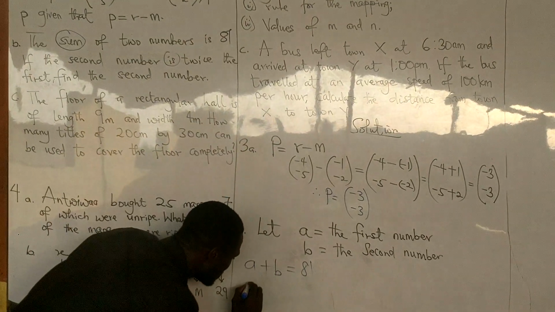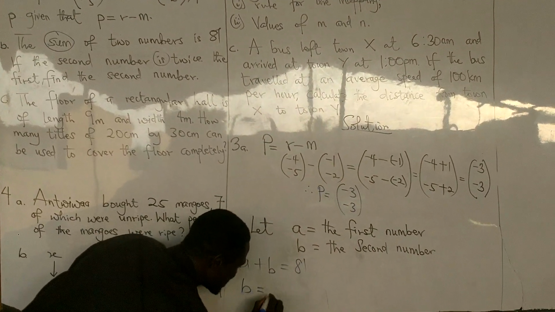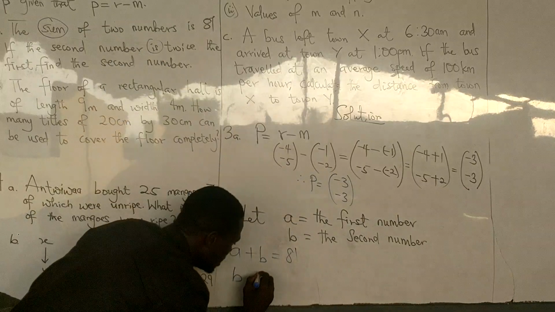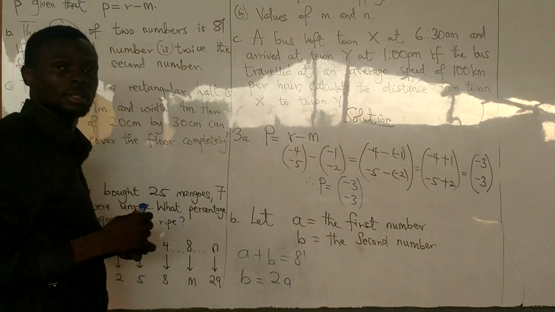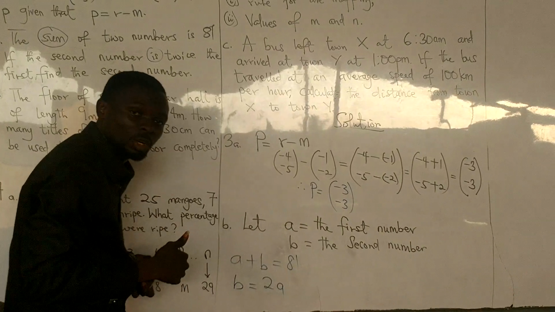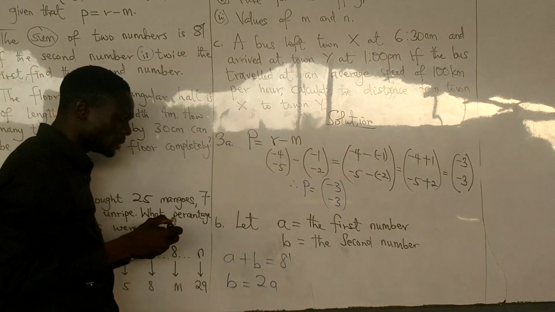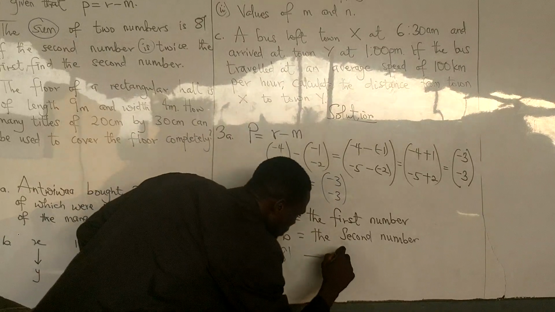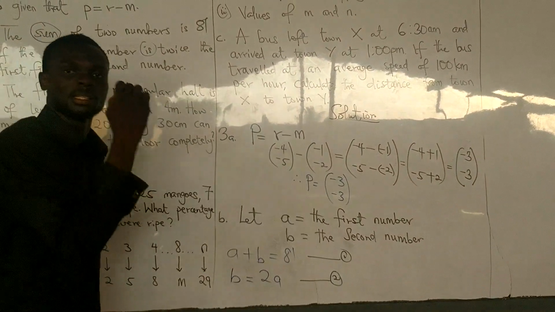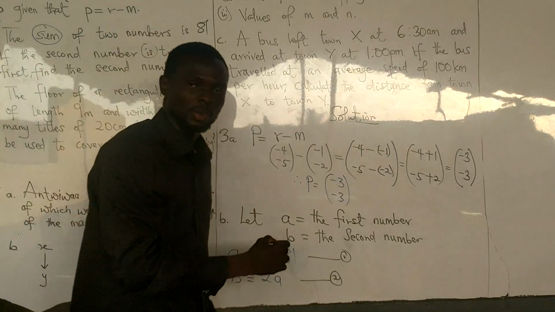So the second number, b, is 2 times the first, giving me 2a. So I have the first equation and the second equation. This gives me equation 1 and this gives me equation 2, which is a simultaneous equation.